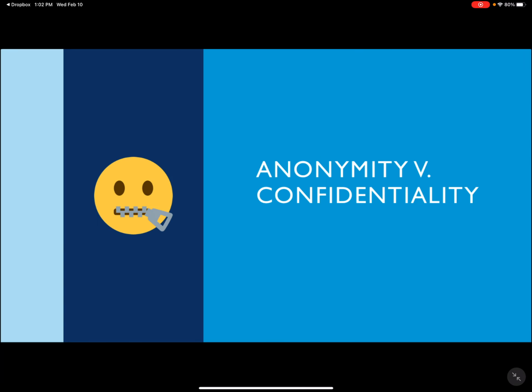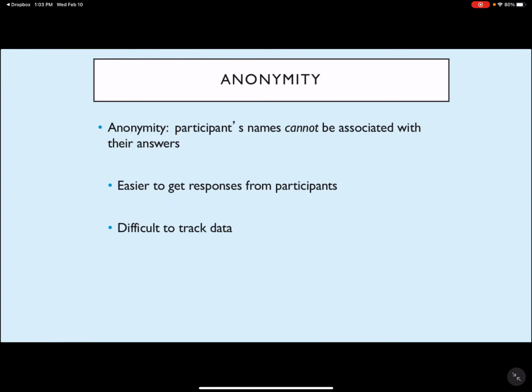So anonymity versus confidentiality. Well, you might think these words are the same thing, but they're not. They're very different from each other. Anonymity means that participants' names cannot be associated with their answers. A benefit of this is that it's easier to get responses from participants, and it's difficult, if not impossible, to track their data.